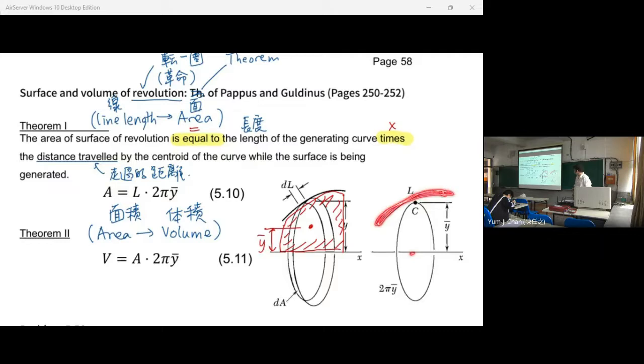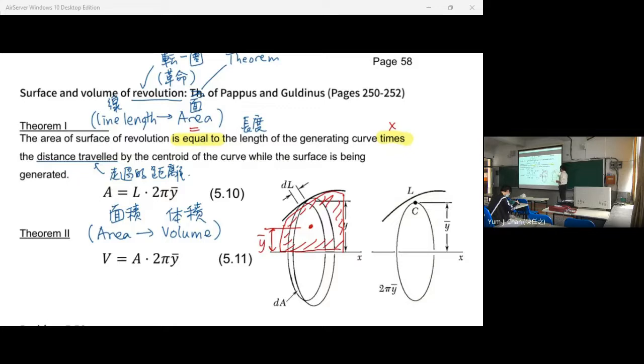While the surface is being generated, by generating an area from this line, the centroid goes from here to here, because this line goes from here and then goes one revolution to get the area. So the centroid also travels one revolution.